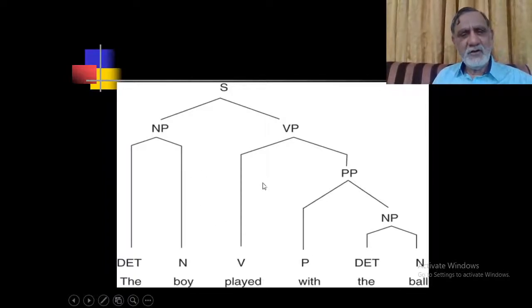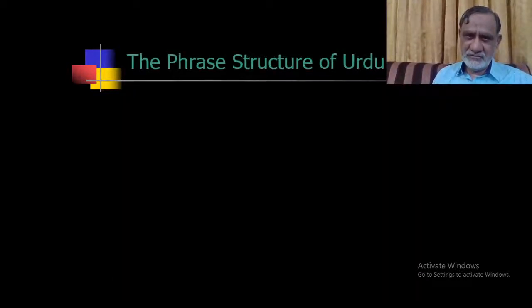S V O. The boy is subject, played is verb, and the ball is object. S V O. That is the structure of a sentence in the English language.